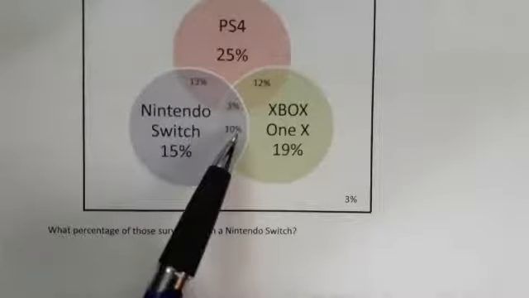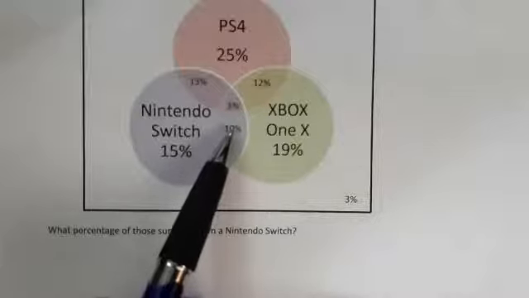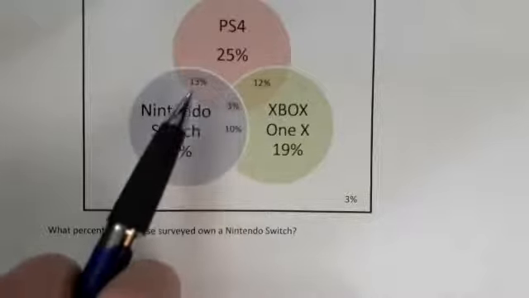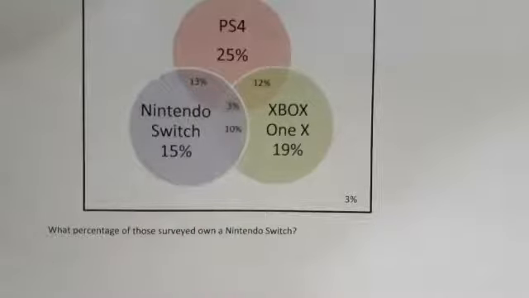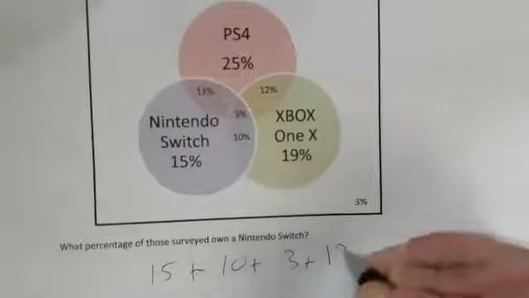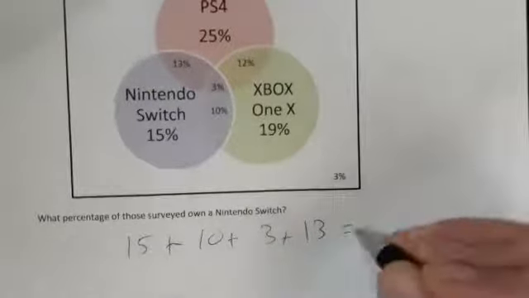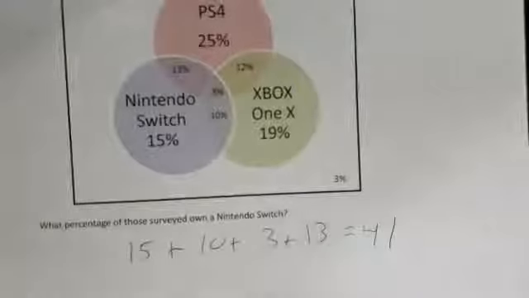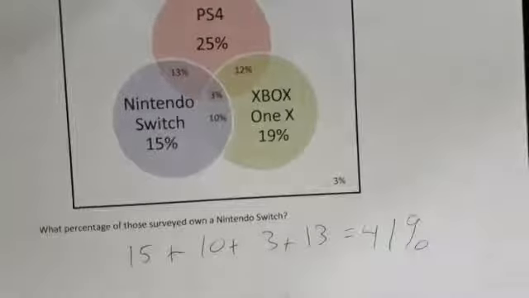You also have to look over here. Do these people have a Nintendo Switch? They absolutely do. So do these people, and so do these people. So what percentage of people own a Nintendo Switch? I would have to add these things up, and that would give me 41. So 41% of the people surveyed owned a Nintendo Switch.